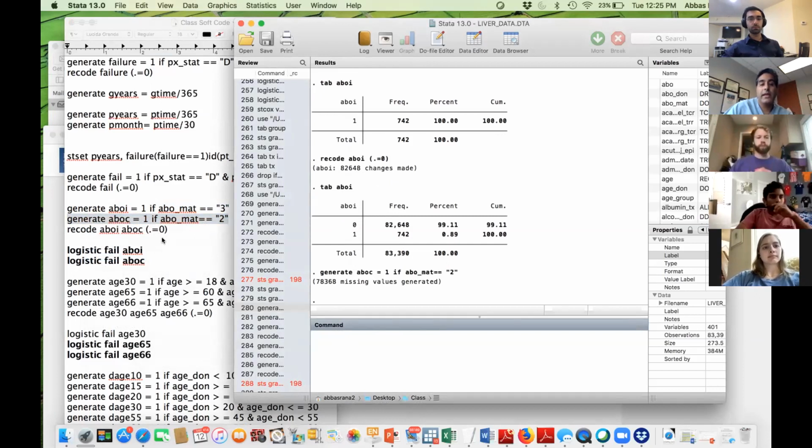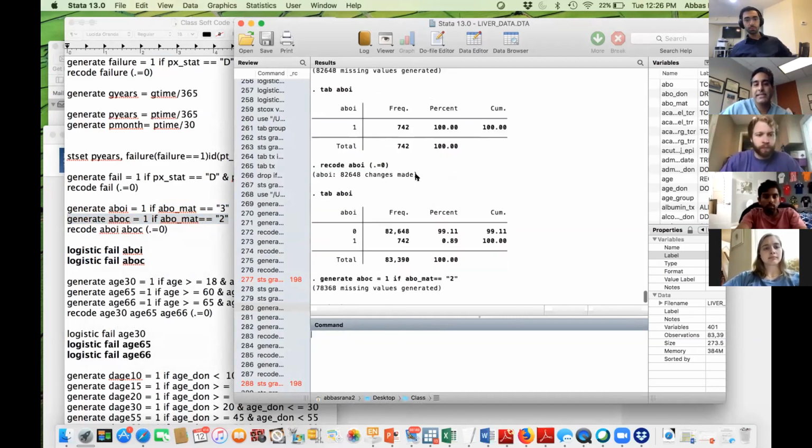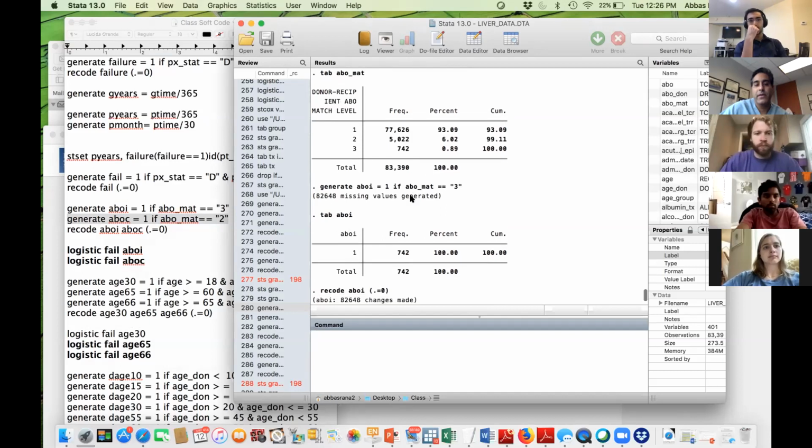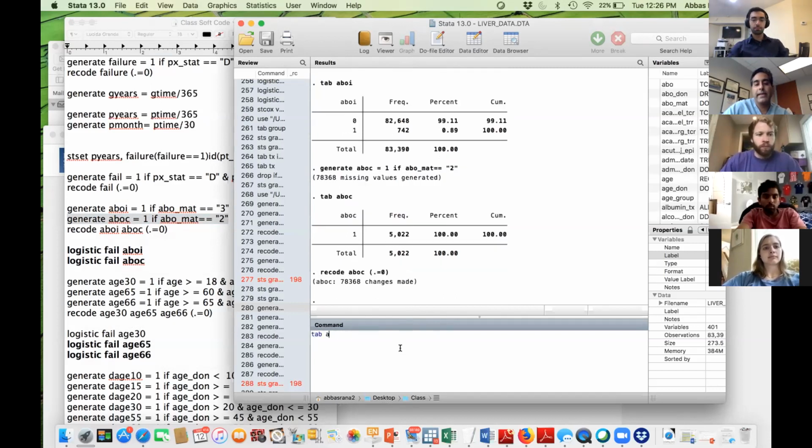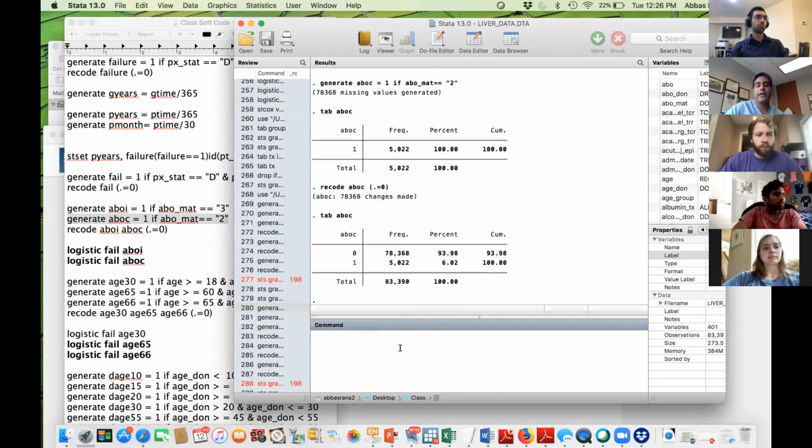And then we'll go ahead and do the same thing, look at it. And it's 5,000, right? It's that number 2 here. And then I'm going to recode ABOC and then tab, and there you go. That's the variable. Everything's a 1 for ABO compatible and 0 for everyone else.